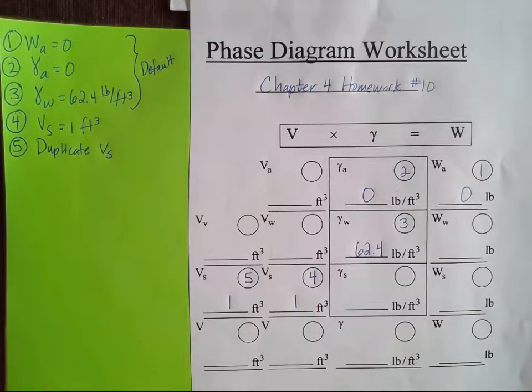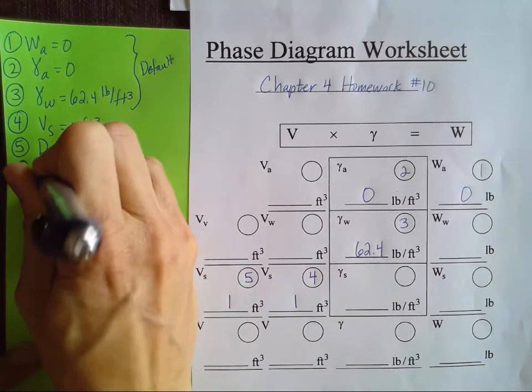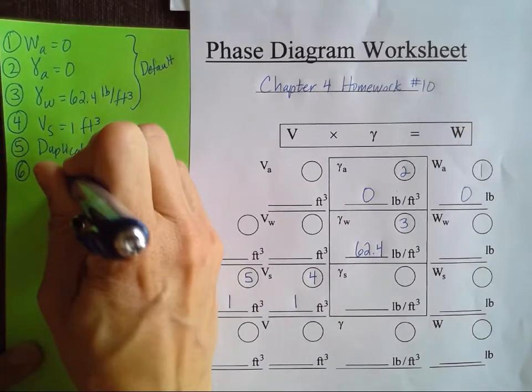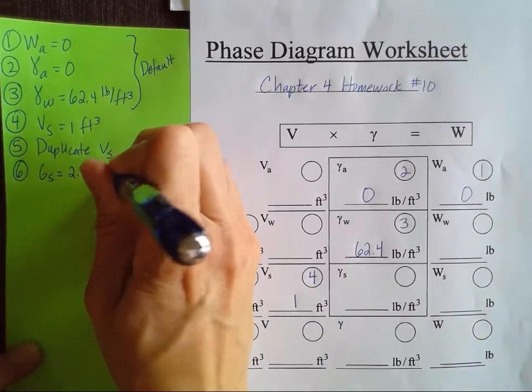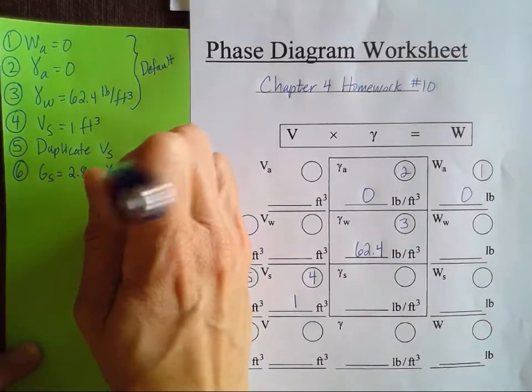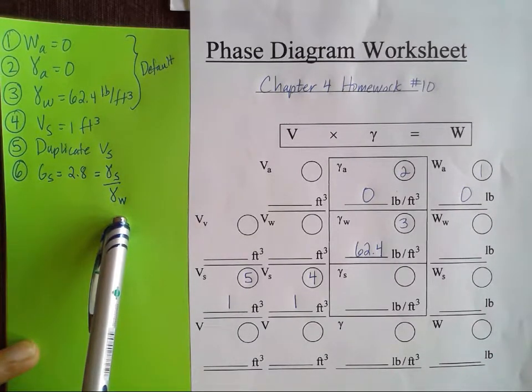Okay, now I'm going to see what else I was given here. That's really the only information that I can write straight from my problem into my phase diagram. But I am given that specific gravity was given to me as 2.8. And I sort of remember that relationship of specific gravity is that it's the gamma of the solids over the gamma of water, which is a nice relationship because I always know that gamma water.